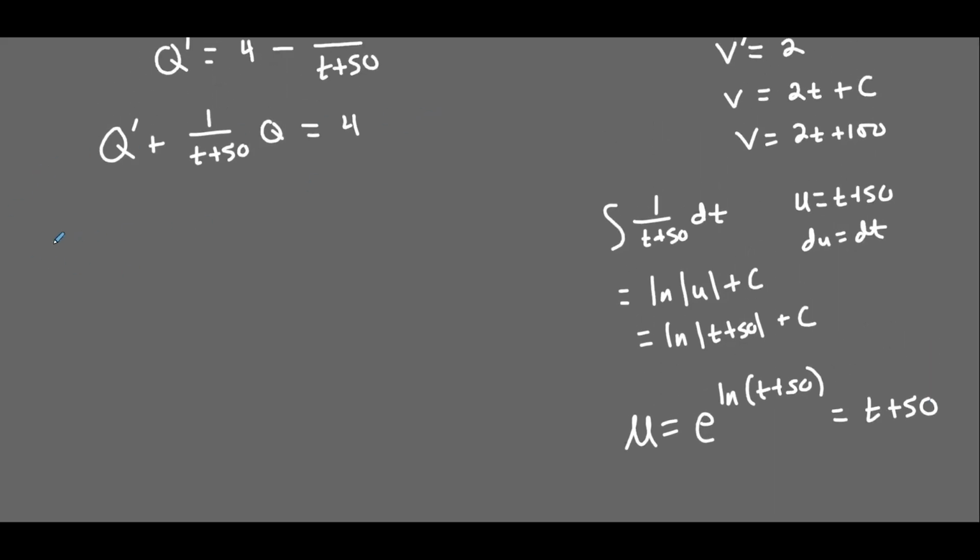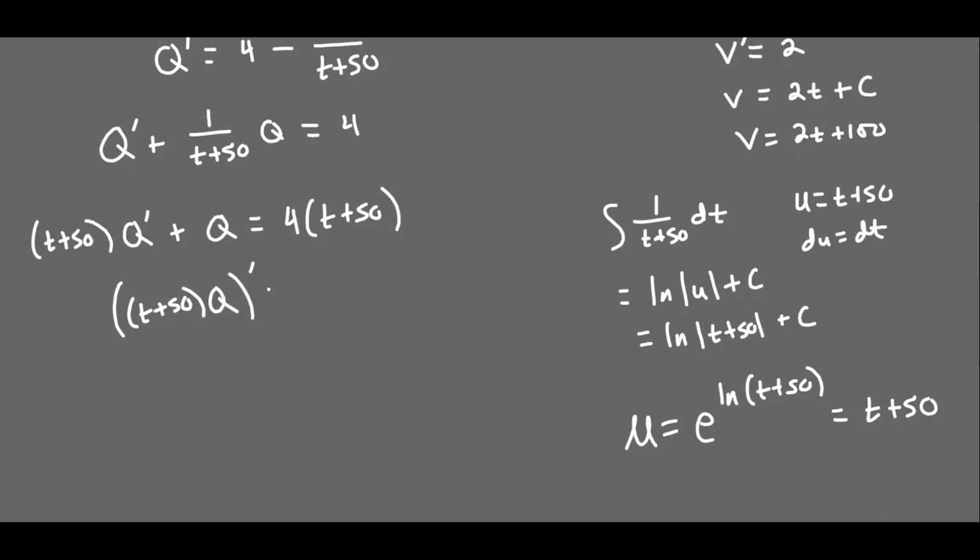So I'm going to multiply both sides by T plus 50. When I multiply it times the second term, they cancel out. You just get Q, and then 4 times T plus 50 on the right side. Just verify that you have the product rule. The derivative of T plus 50 is just 1. So that's my coefficient of Q, so it does work. So we're going to reverse the product rule. So I get T plus 50 times Q, and then all that prime.